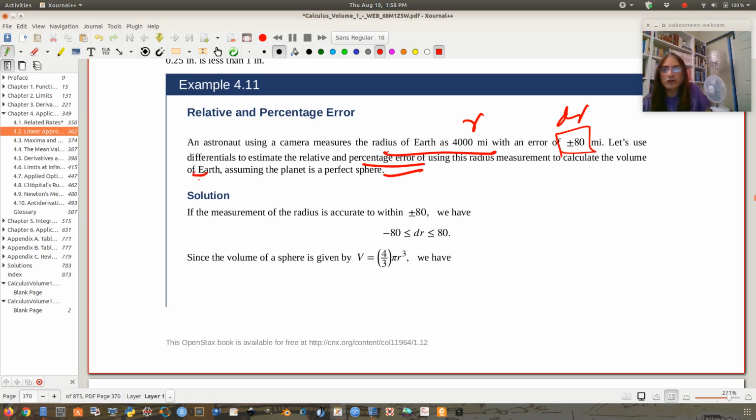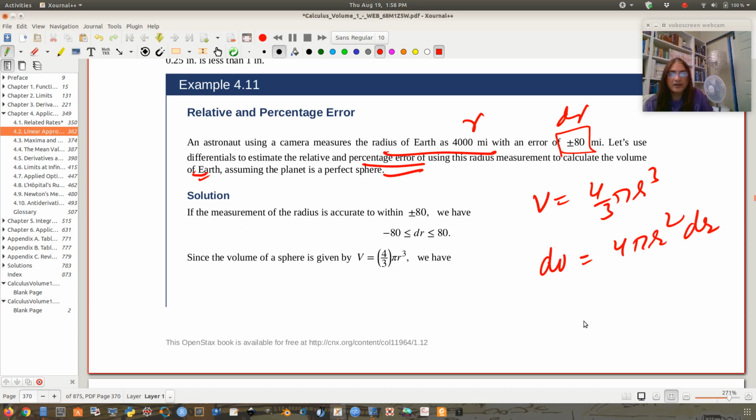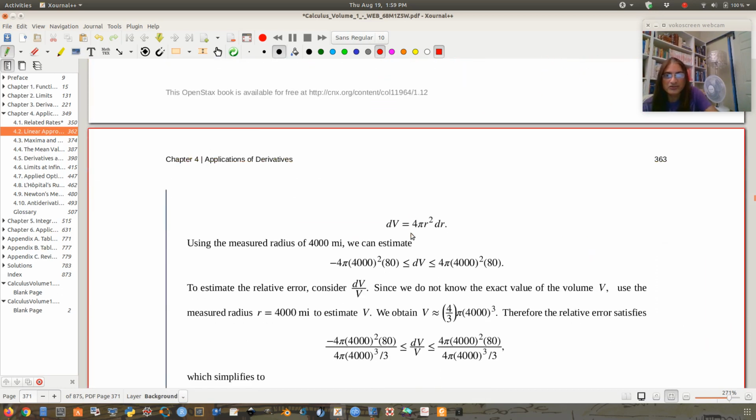The volume of the Earth is 4 by 3 pi r cubed. So dv is 4 pi r squared dr. If dr is between this and this, our error dv will be between 4 pi r squared times 80 and 4 pi r squared times negative 80 when r is 4000, right?